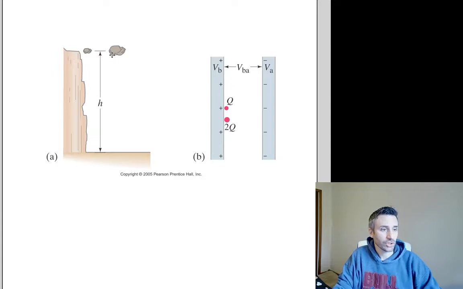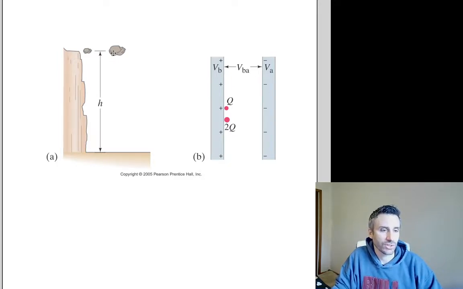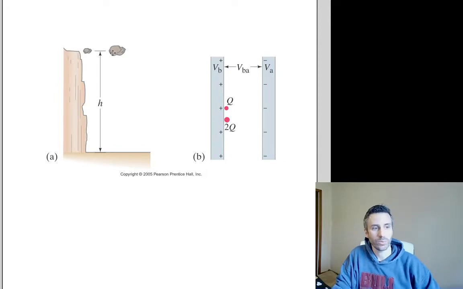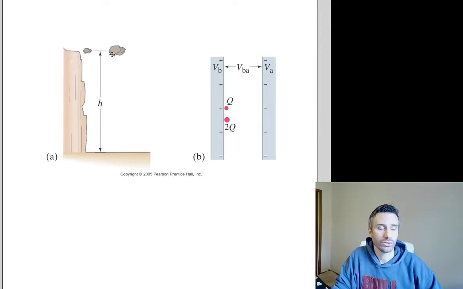So the electric potential, otherwise known as voltage, is effectively synonymous to height when it comes to gravitational potential energy. As you lift this thing higher, it would have more potential energy. As you move this object, it's going to have more voltage.